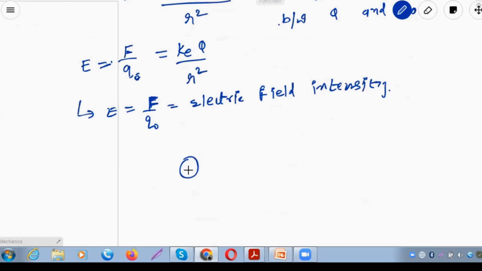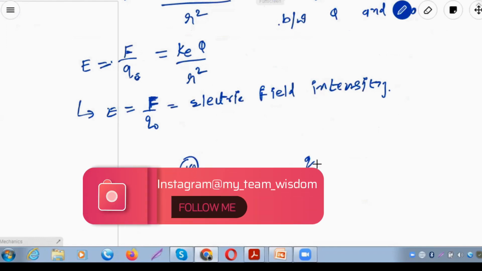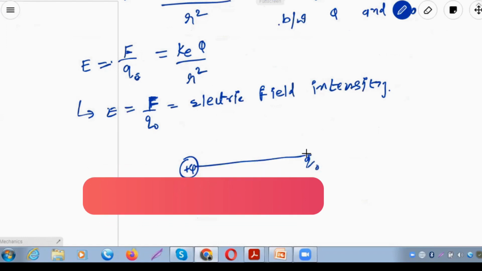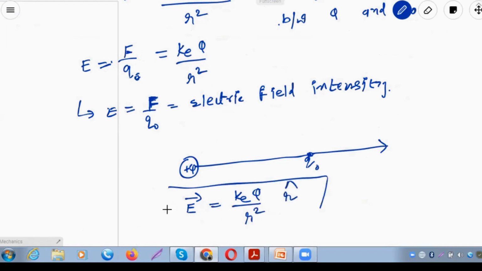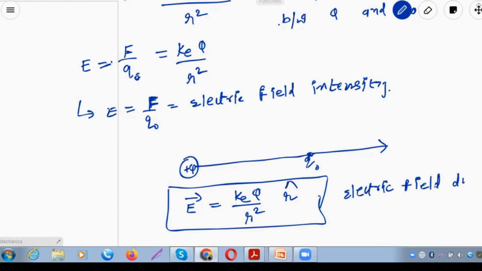It is Q naught, it is Q, and it is at a distance R. Now, these two are positive charges, hence the force direction will be like this only, right? So E bar is equal to K into Q by R squared into R cap. This is the electric field due to a point charge.